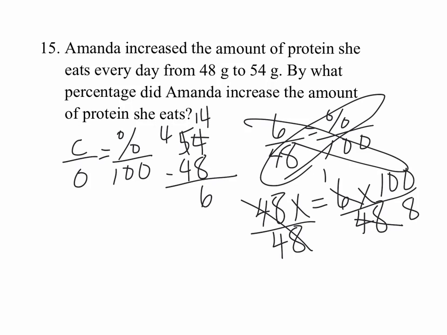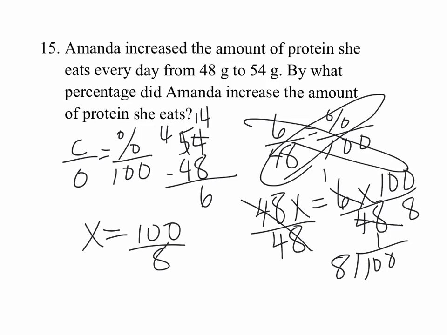And the 48s cancel. So you're left with x equal to 100 over 8. If you know your 8 facts, you'll know that 8 goes into 100 12 times.